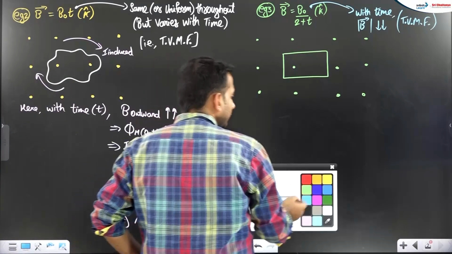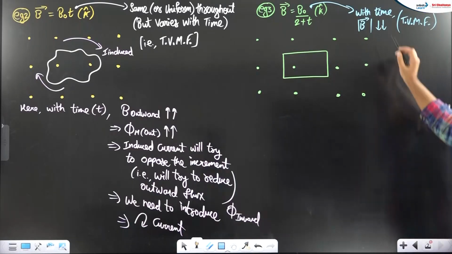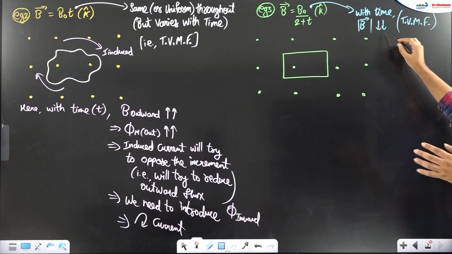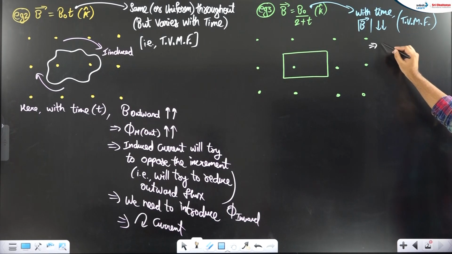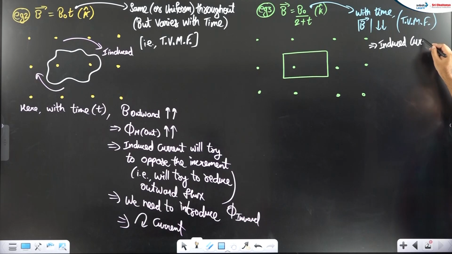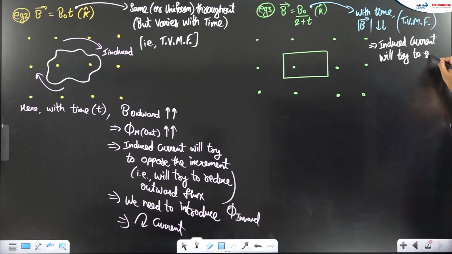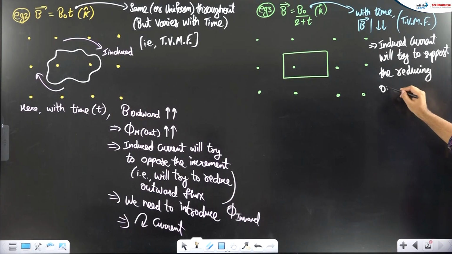So you will say, what will be the analysis? You will say that if with time the magnetic field strength keeps on decreasing, this implies the induced current will try to support the reducing outward flux.